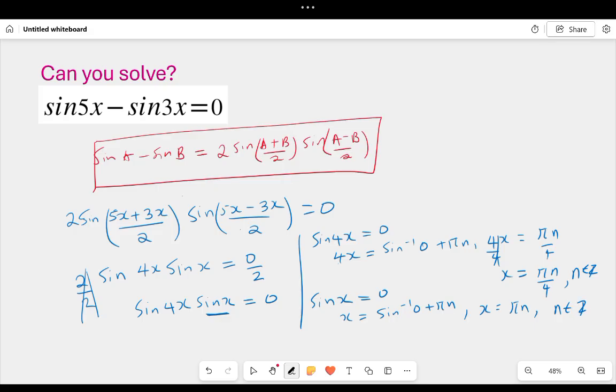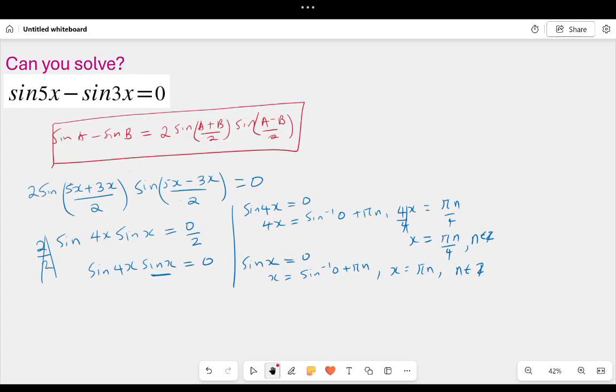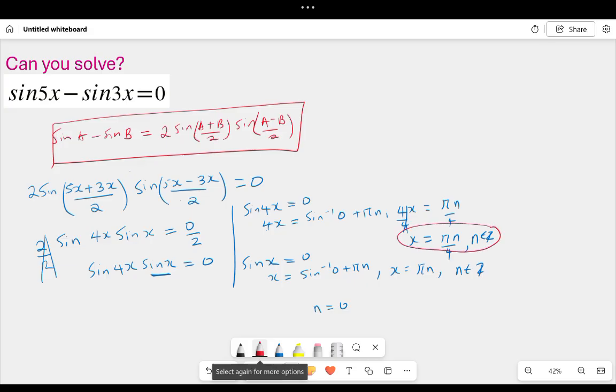All right, now let's just make a quick trial of the angles. What if our n is simply equal to 0? If n is equal to 0, in this case and in this case, x will simply be equal to 0.